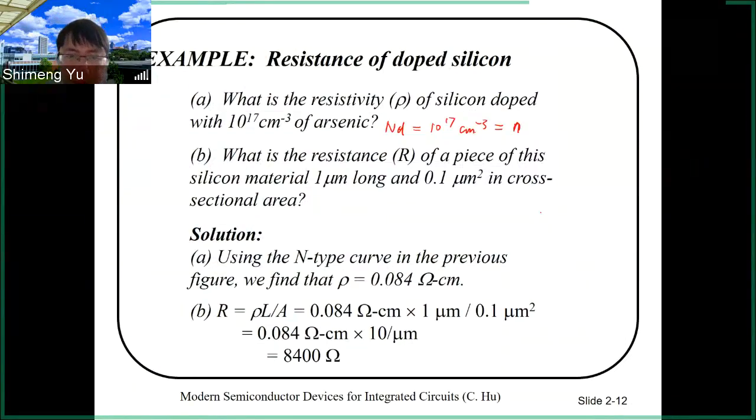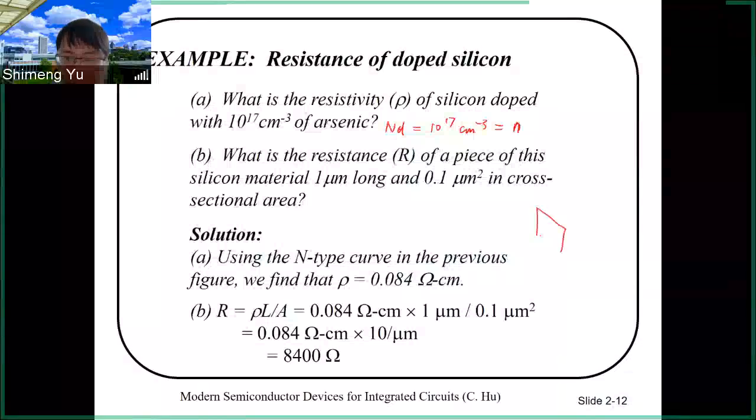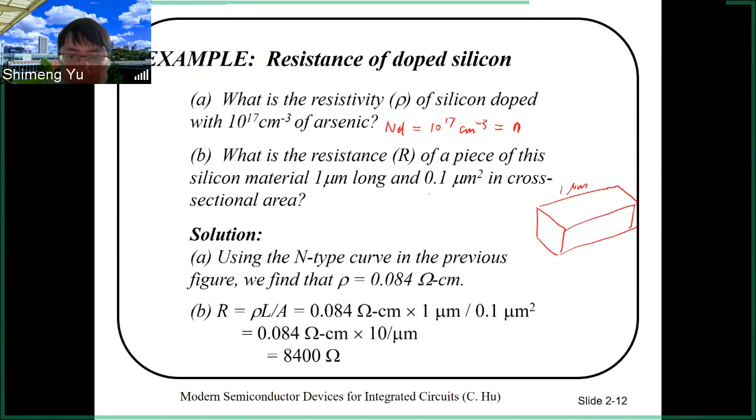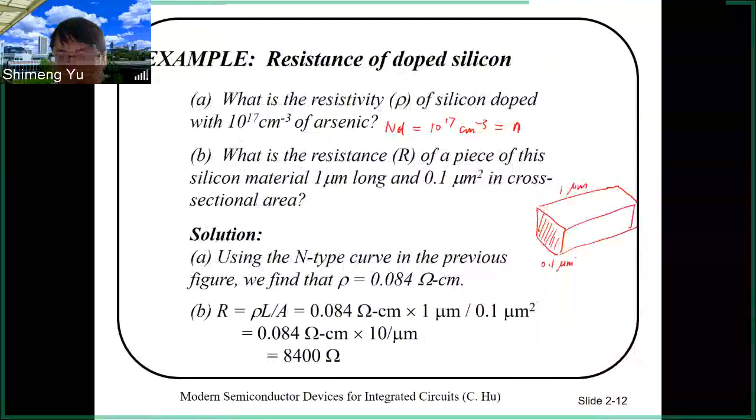Then consider a piece of silicon with this n-type doping, 1 micrometer long and 0.1 micrometer square in the cross-section area. So the question is, what is the resistance of this piece of silicon?